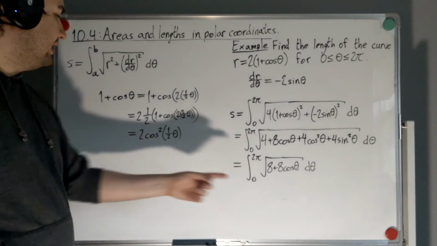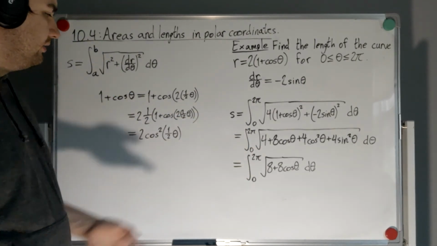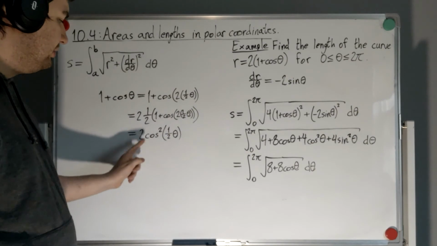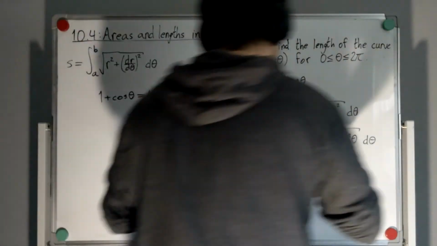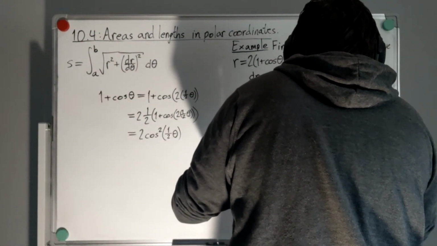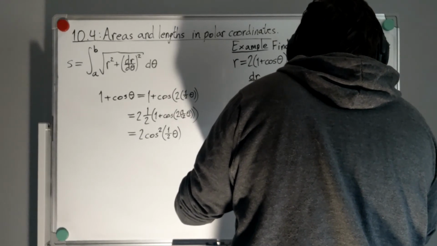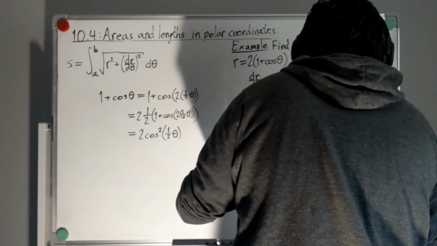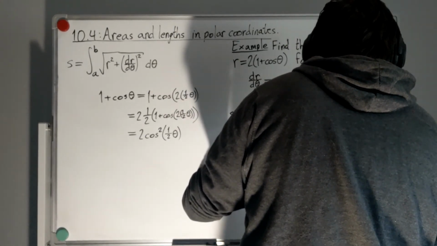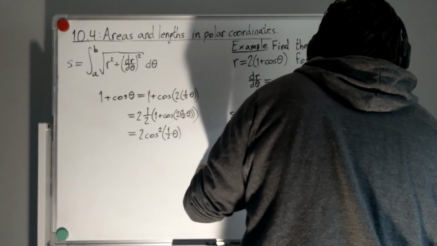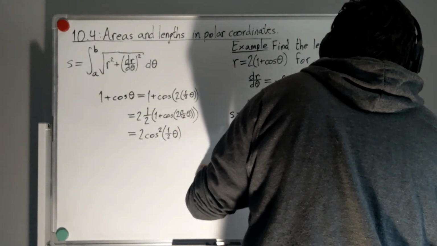Anyway, so we have 8 times 1 plus cosine theta, so that can just turn into 8 times 2 cosine squared 1/2 theta, which is just going to be the integral from 0 to 2 pi of the square root of 16 cosine squared 1/2 theta d theta.